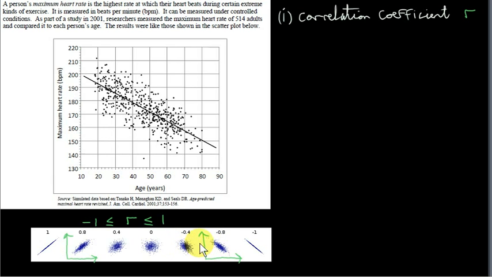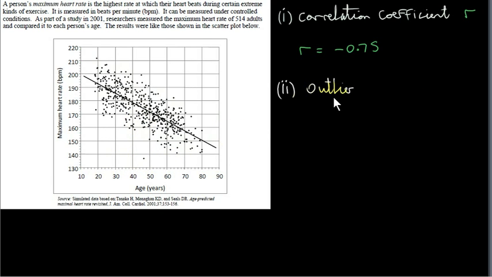So I would say it's not quite -0.8, maybe -0.7 or -0.75. If you give a value from -0.65 up to -0.8, that's a pretty good range. That's fairly acceptable just from eyeballing this data.